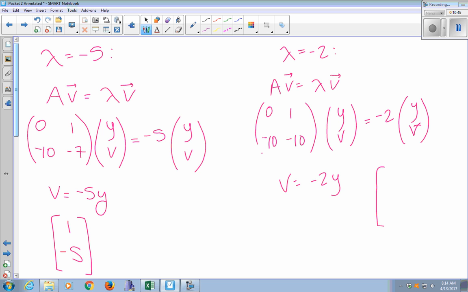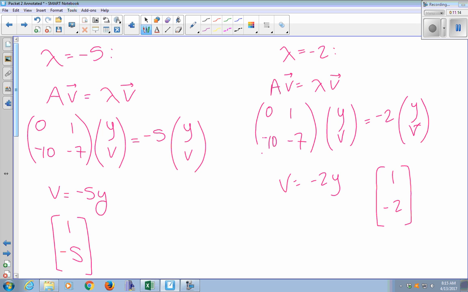And so a vector that goes with that would be 1, negative 2. I just picked a value for y. Pick 1, then v is negative 2. Okay, so I have eigenvalues and associated eigenvectors.